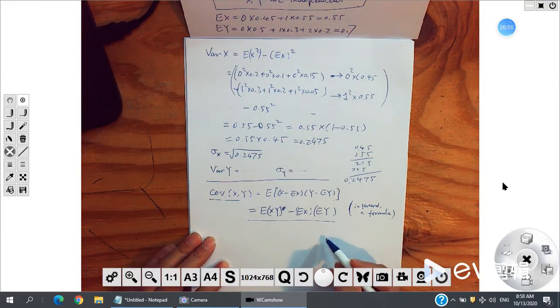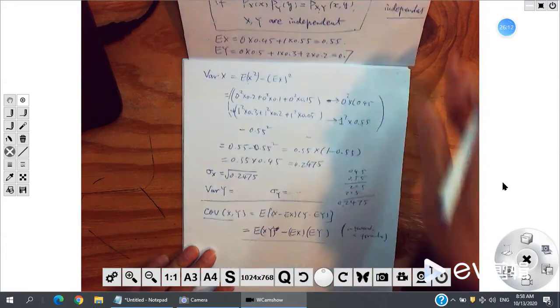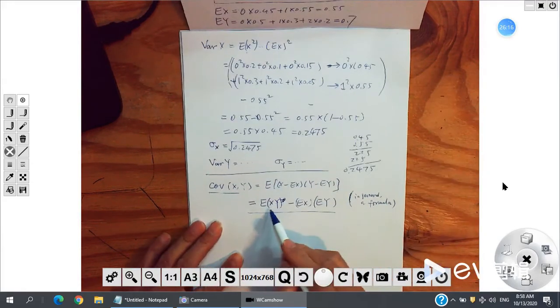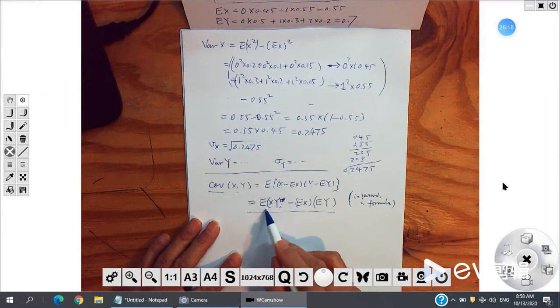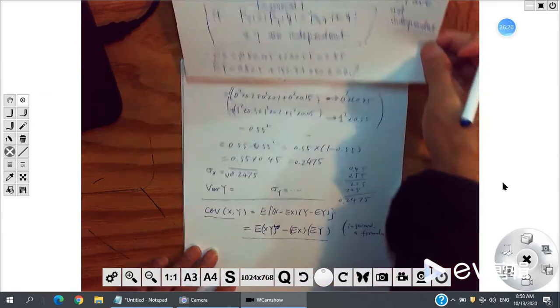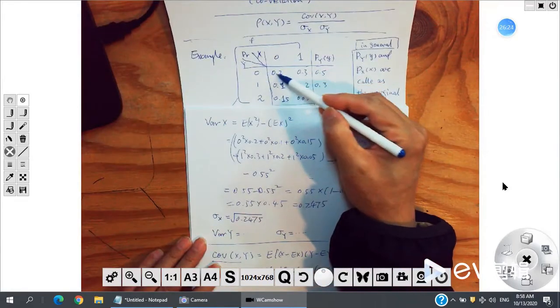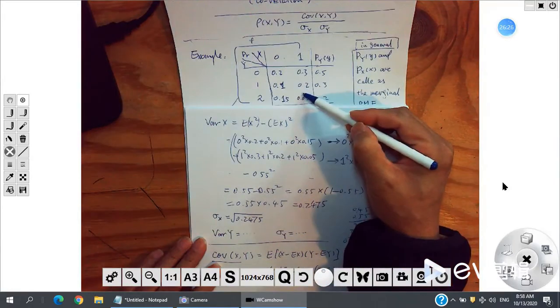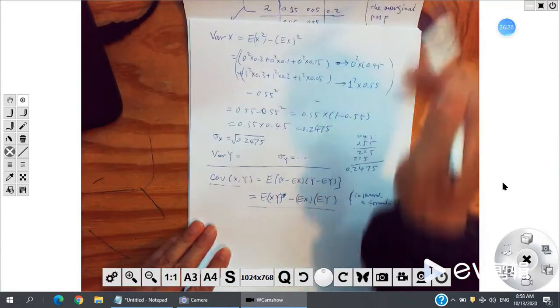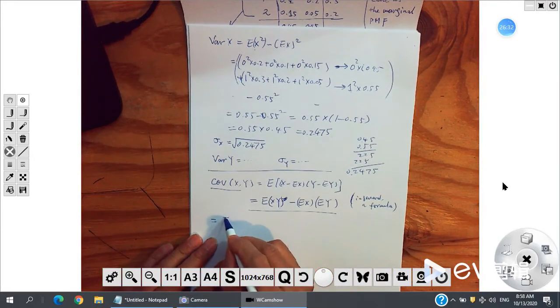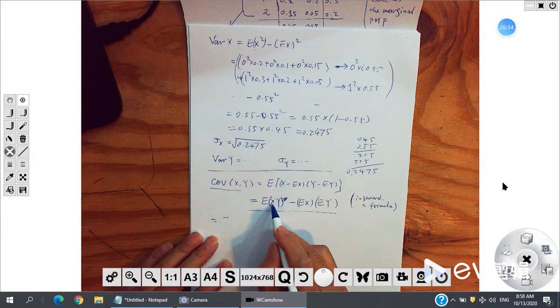Now I have EX and EY, right? So the only thing I want is this one, E of XY. For this one, you have to use the joint distribution, right? You need both X and Y and the joint probability here. So E of XY will be the summation of all the values of x times y.